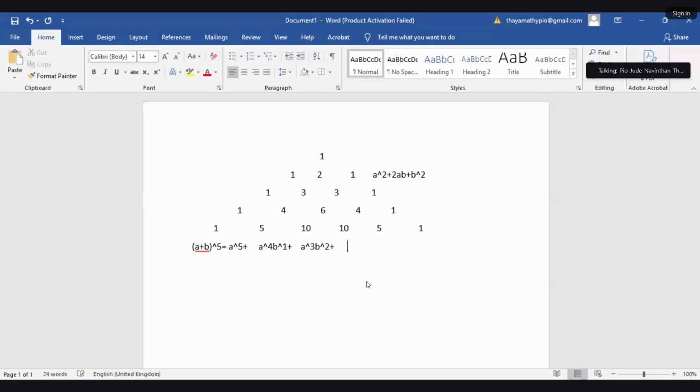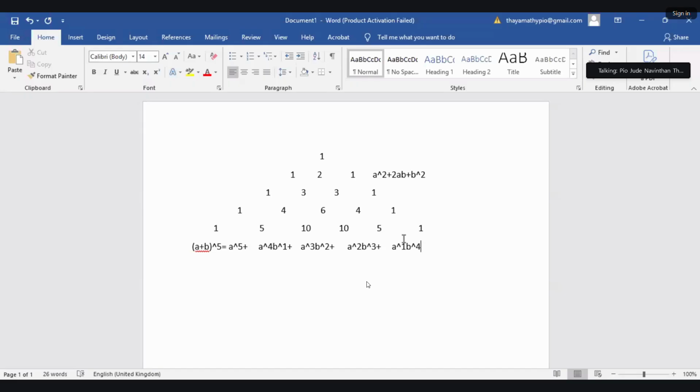And again you can go a squared, b cubed, plus a to the power 1, sorry, a to the power 1. No need to put 1, but here for the pattern we can put 1, otherwise no need.